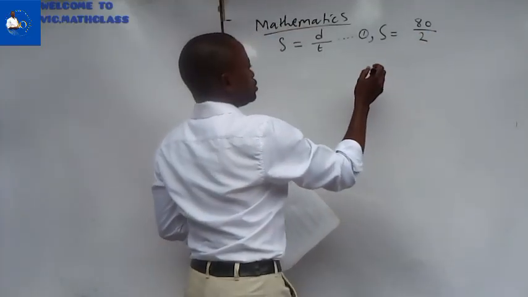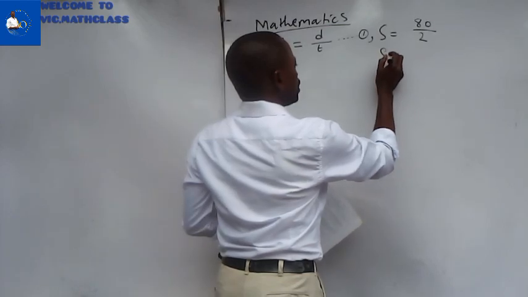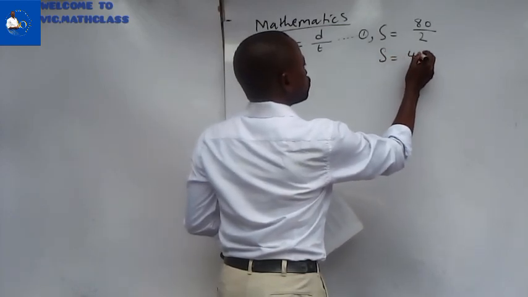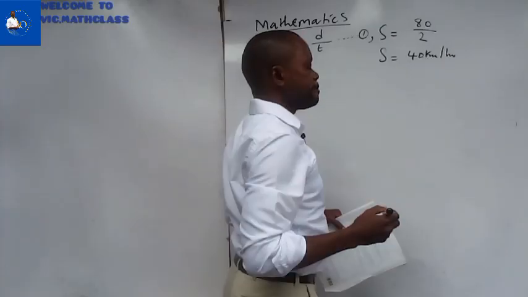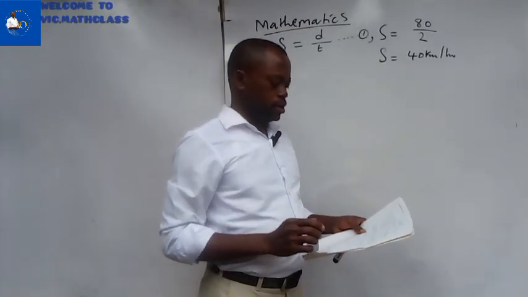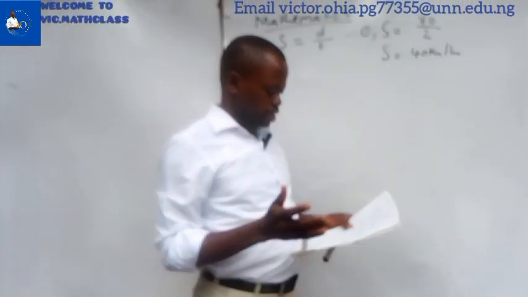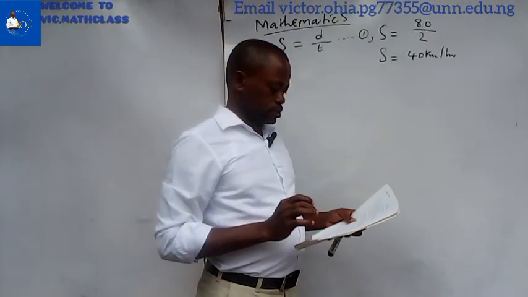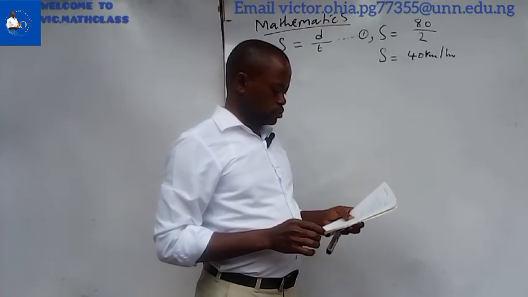So the speed at which this person is driving is S equals 40 kilometers every hour, 40 kilometers per hour. That is the speed at which he is driving.